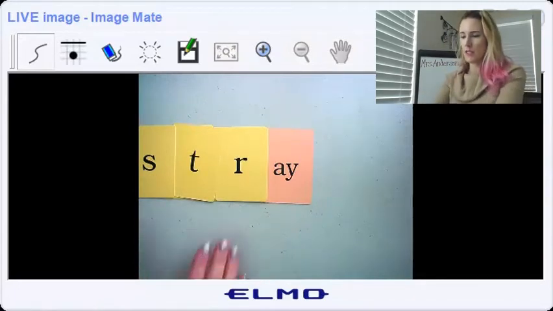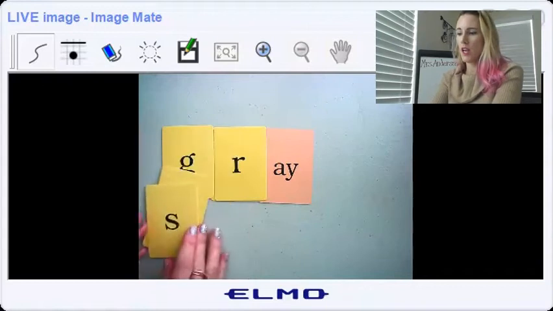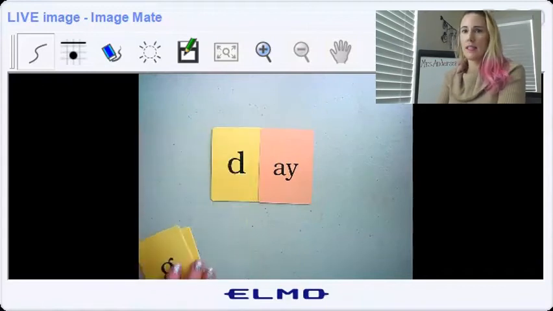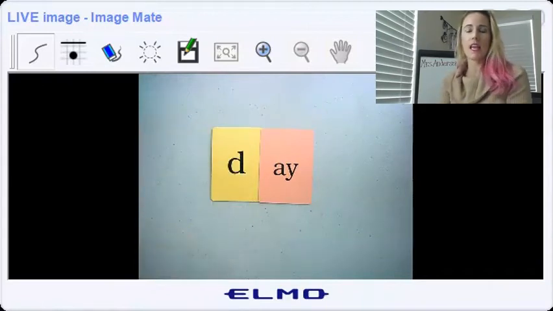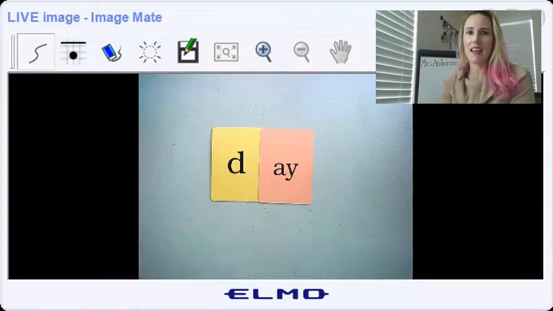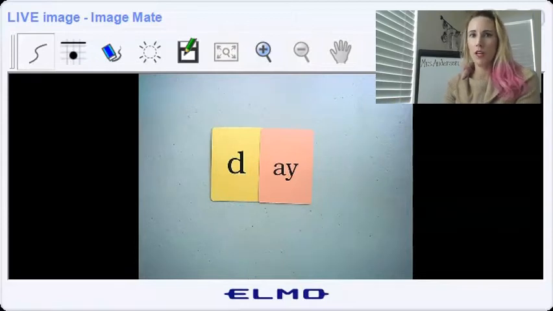So you'll notice in these words, stray, gray, day, and the other words, the AY was placed at the end of the words. So when you have your base word and you hear the long A sound at the end, in these examples, that's when you know you're going to spell that with the AY vowel team.